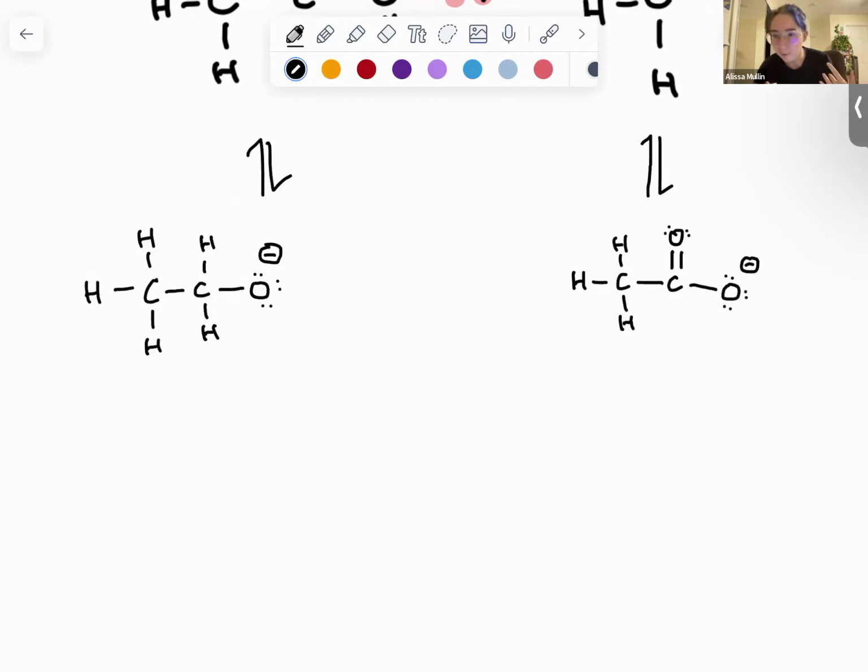Which one is more stable? Which one can handle going through this change? Which one can handle losing that proton and still being okay? That's kind of how I generally think about these.